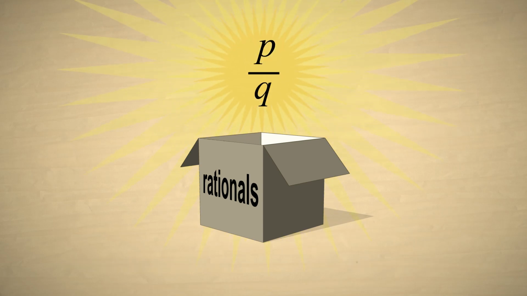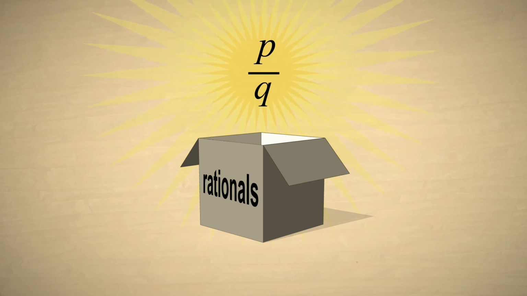Rational numbers are defined as any number whose value can be represented as a fraction p over q, where p and q are both integers. The value of the rational number is the quantity obtained by dividing p by q.